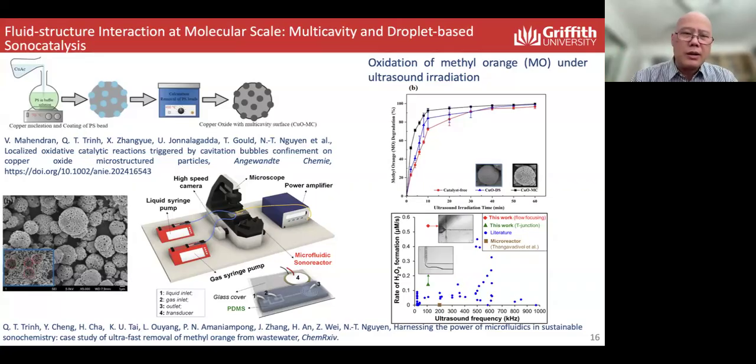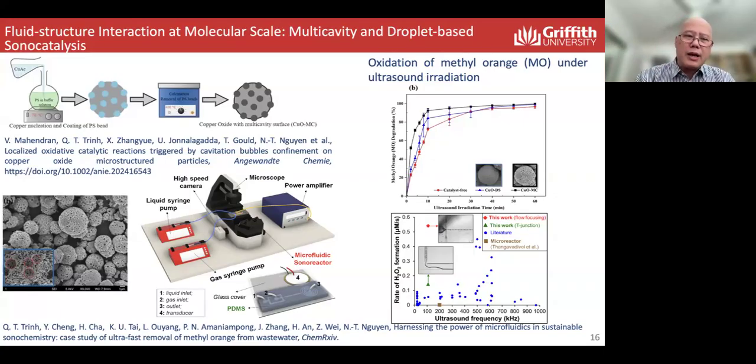It is an emerging area. And we did it either by using microporous materials where the pore has an air pocket, and this air pocket is excited with an ultrasonic field to induce cavitation.